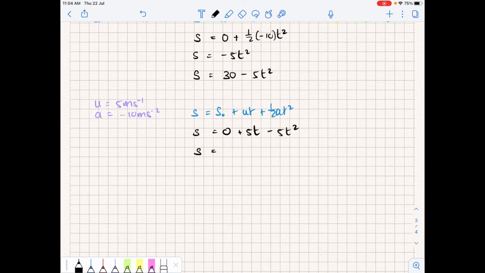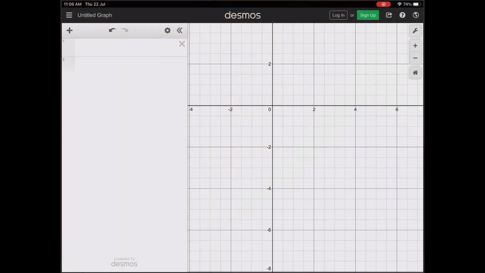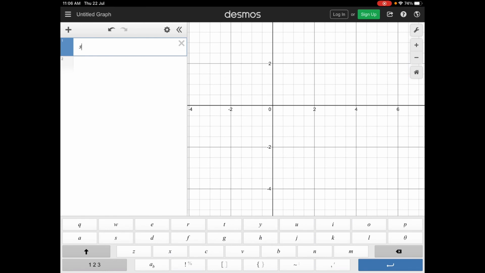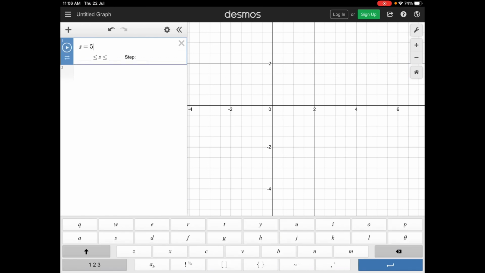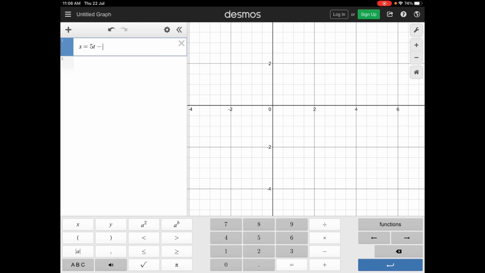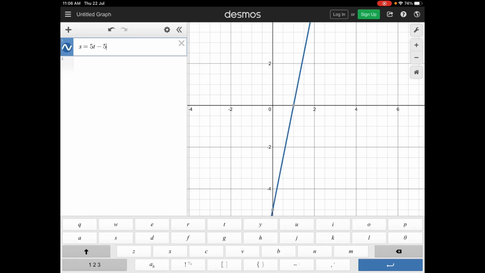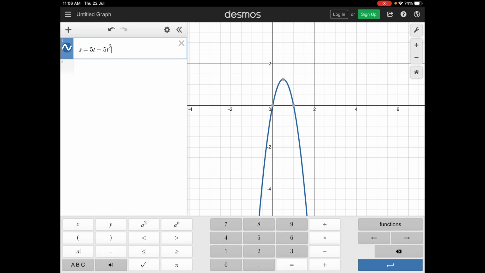if I wasn't considering the fact that this ball didn't move for 2 seconds. So let's hop back into Desmos, and we're going to have a look at this function and see what we get. So again, we can say displacement is equal to 5t minus 5t squared.